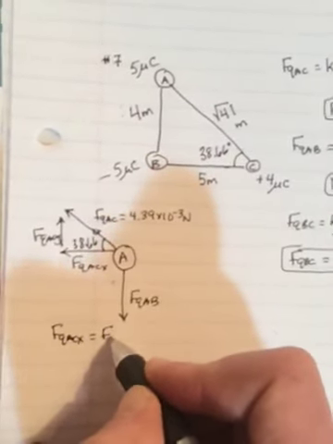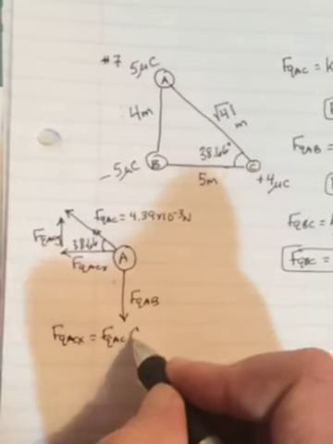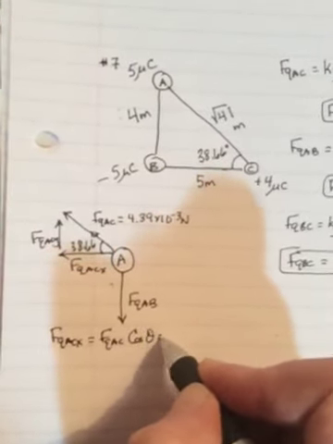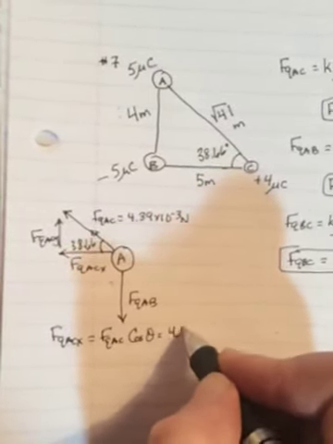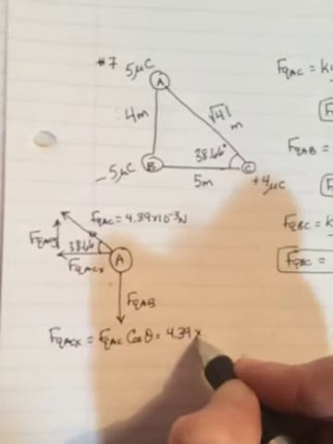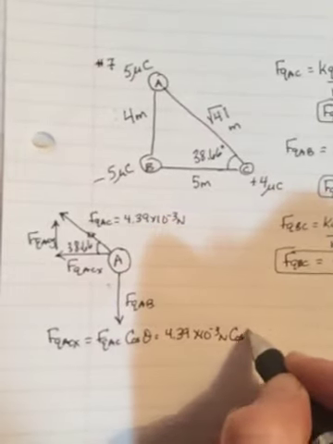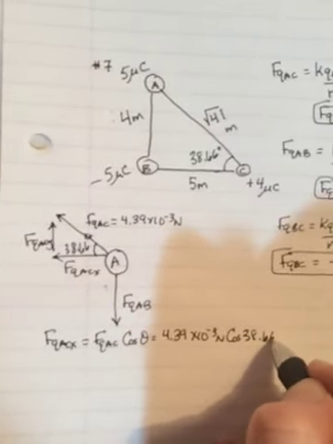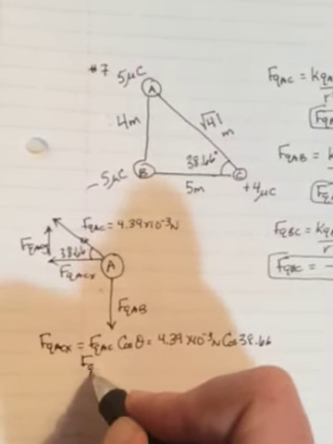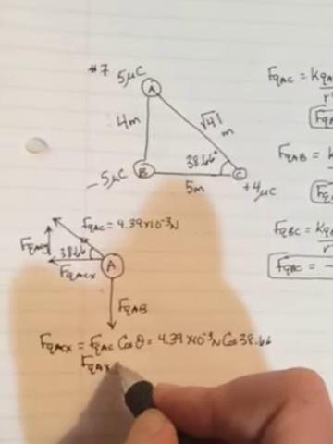So it's going to be FQAC cos of theta. So it's going to be 4.39 times 10 to the negative 3 newtons cos of that 38.66.